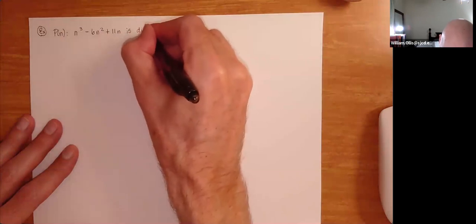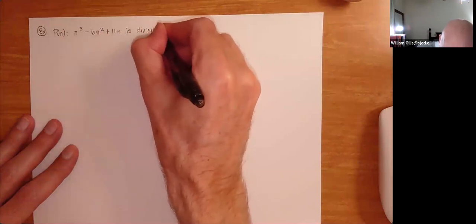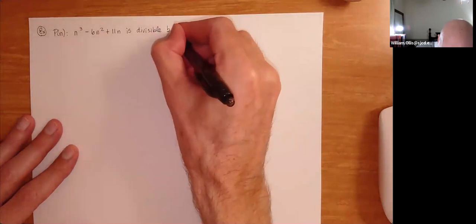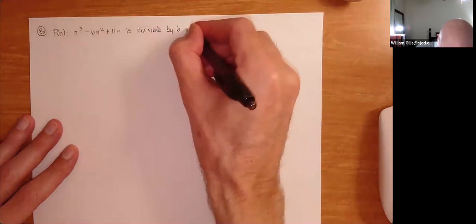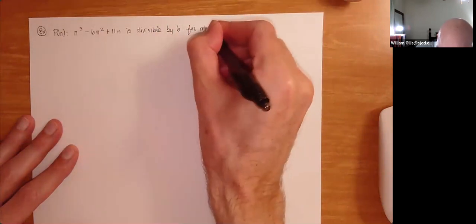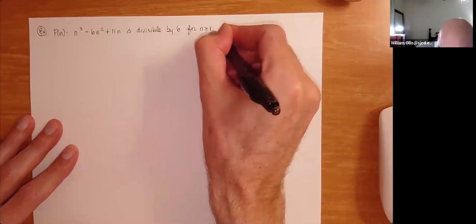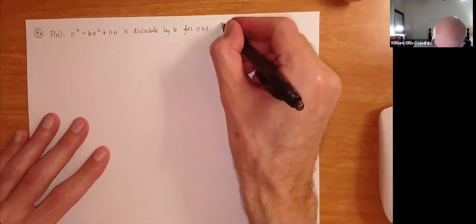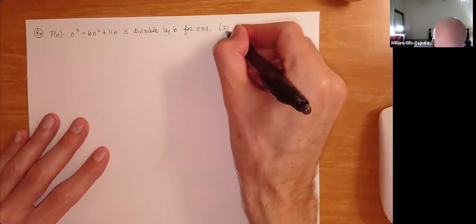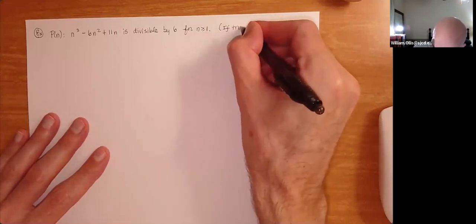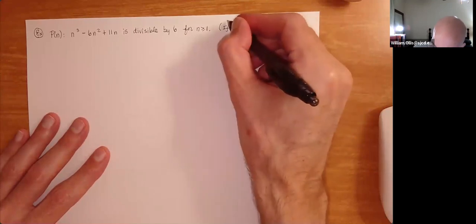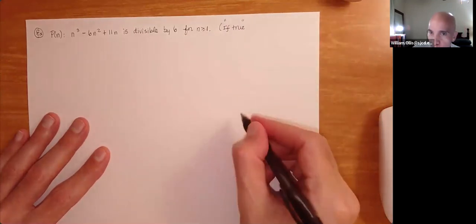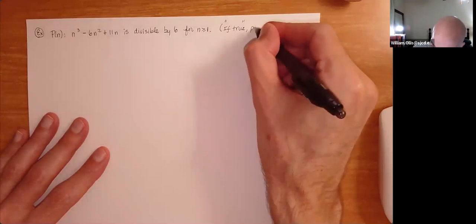This is like the multiple problems, is divisible by 6 for n greater than or equal to 1. And here's what we're going to do. If true, that is, if you think it's true, prove by induction.